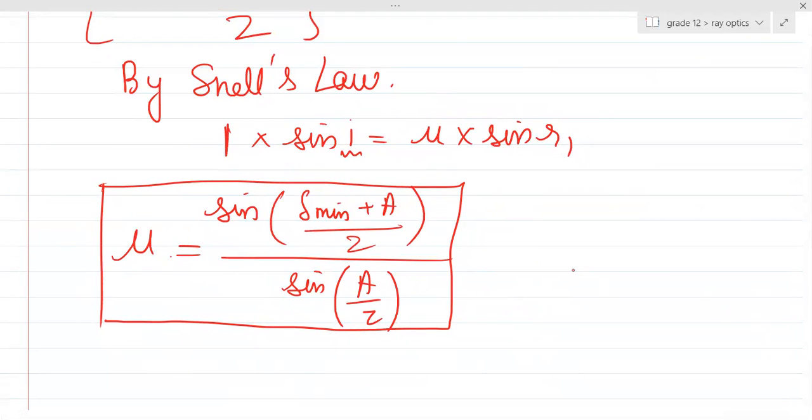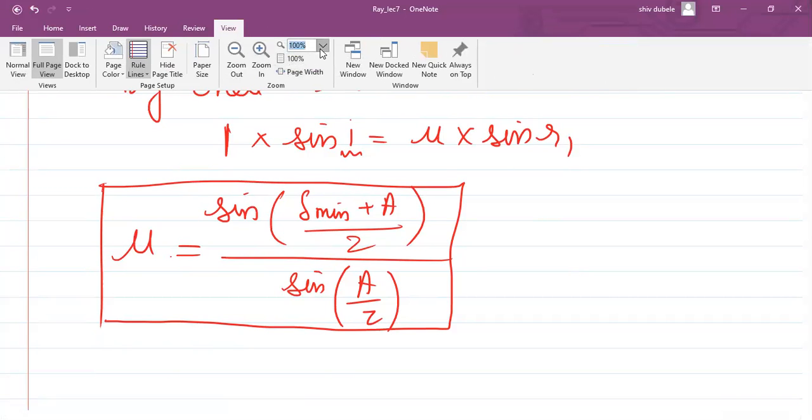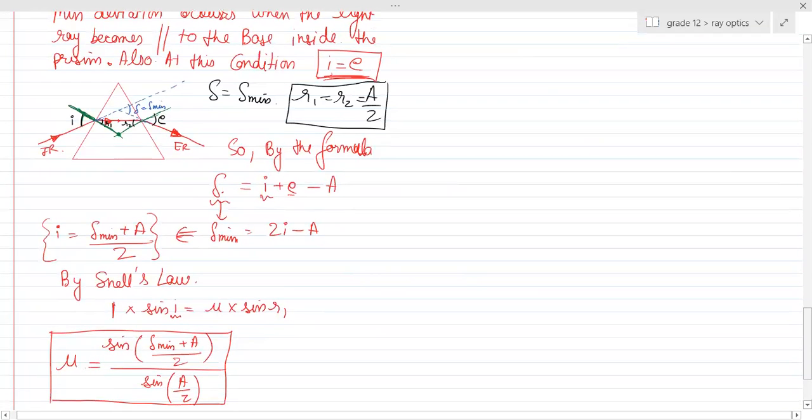Okay. Is it clear, guys? Please write it down. So can you see over here in optics the derivations are easy, right?